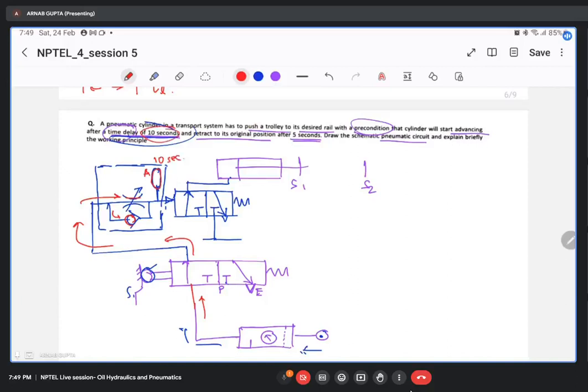After 10 seconds, after this has filled, gas will flow further, and it will provide a pneumatic signal to this particular valve. Till now, this valve was connected like this. Now what will happen, as this is getting activated, this configuration will come into picture.